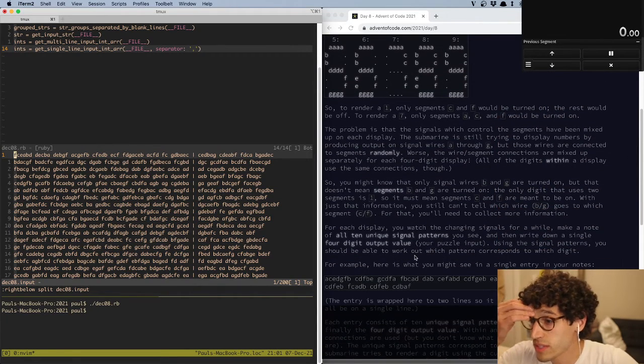So you know that only signal wires B and G are turned on, but that doesn't mean segments B and G. Only segments C and F are meant to be turned on.